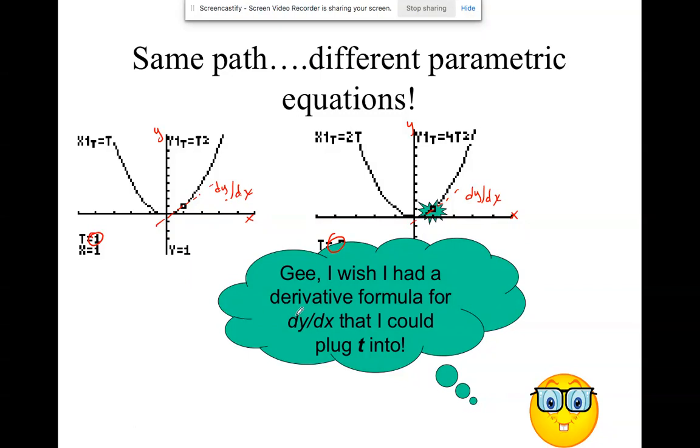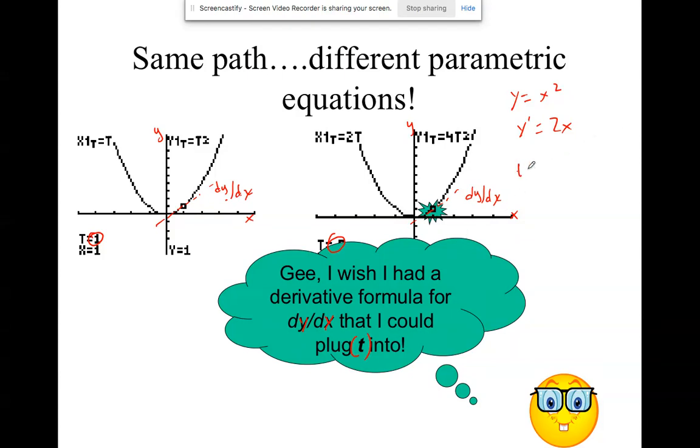So it'd be nice if I had a formula for dy dx that I could plug my time into. Because notice, if you have y equals x squared, your derivative is 2x. That's awesome. And I can write the equation of my tangent line with that.